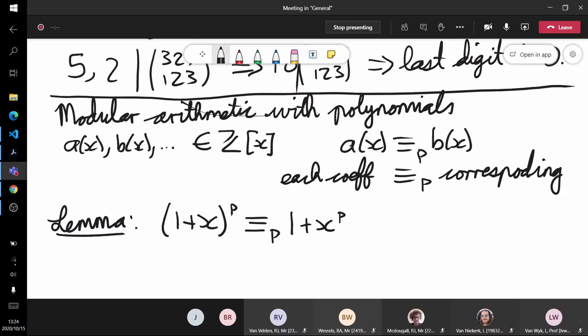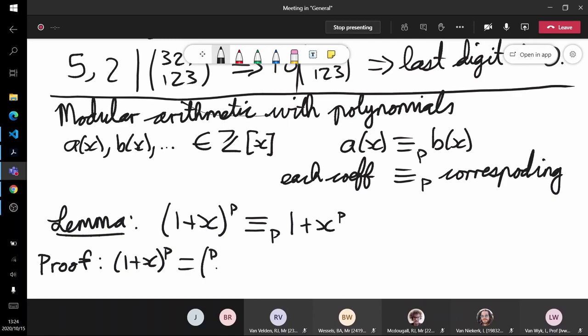Cool. And the proof of this is as follows. If we take (1 + x)^p, using the binomial formula, you can multiply this out with binomial terms.